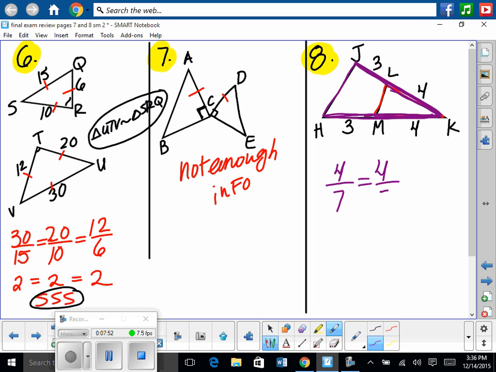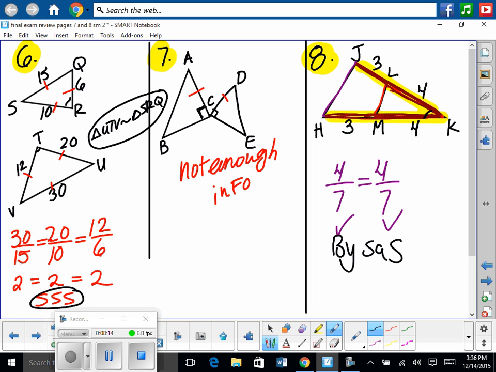So we know that's true. But also, we know that this angle is equal to this angle. So look at the order of information we're given. A side, then an angle, then a side. So yes, they are similar by side, angle, side. So we checked the ratios, they were right, but it's by side, angle, side that they were similar.